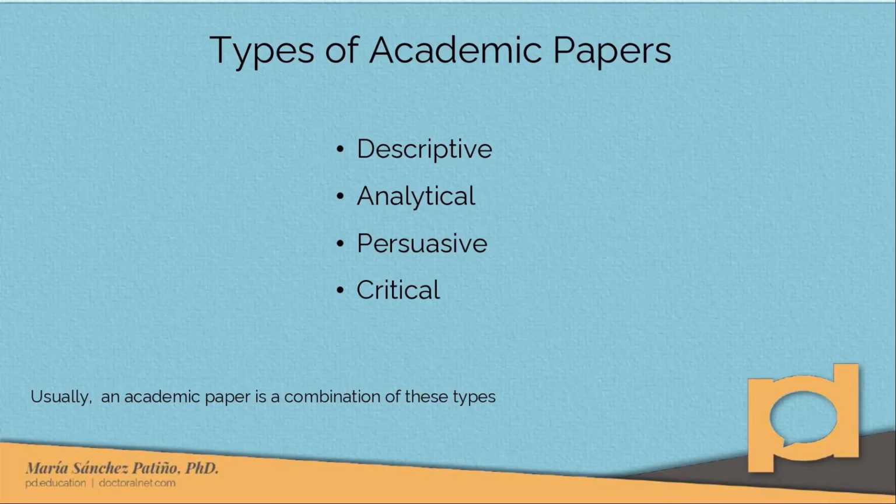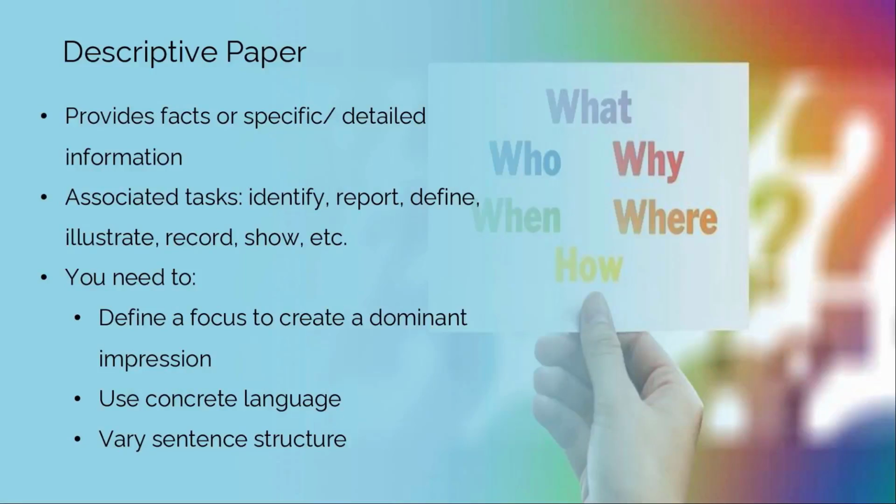But that fact does not make the existence and significance of each type of text untrue, and therefore you will benefit from understanding them. And that's exactly what we are going to do right now.